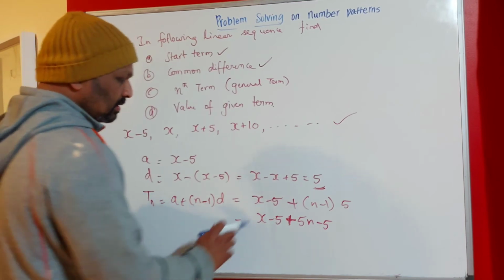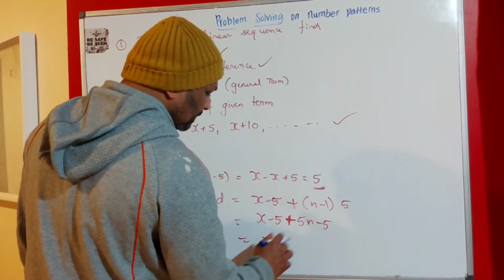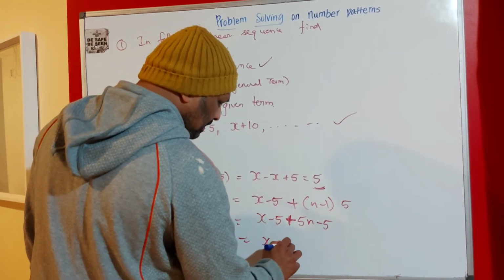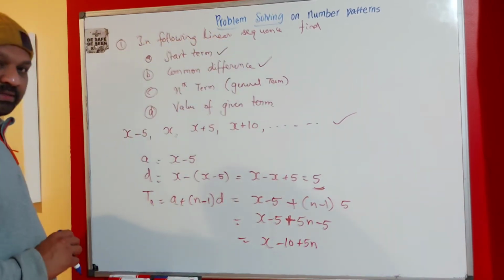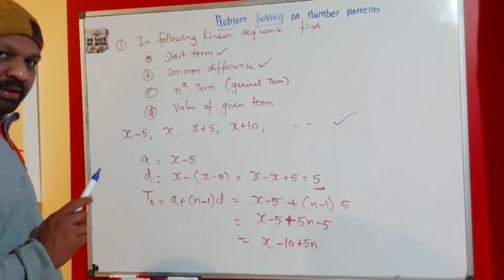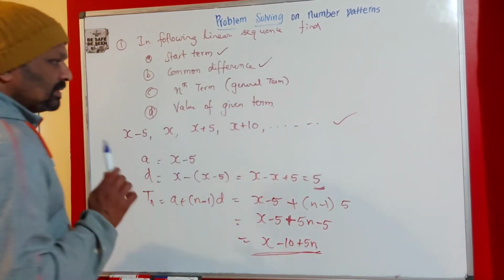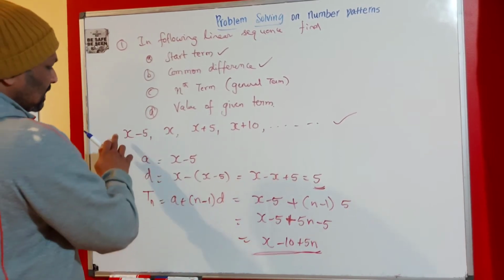So if you simplify this one, x minus 5 minus 5, minus 10 plus 5n. So this is the general term for this series.